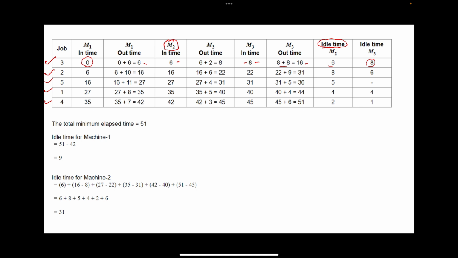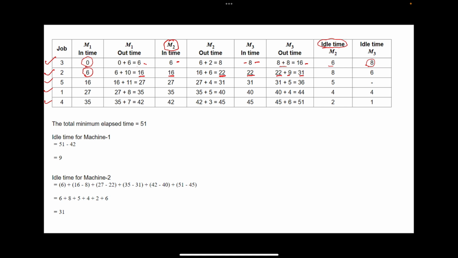Then machine 1 is free after 6 minutes, so you can start job 2. It will start at the 6th unit of time. So 6 plus 10 is 16, and it will go to machine 2 at 16, then 16 plus 6 is 22. For machine 3, it will enter at 22, and 22 plus 9 is 31.